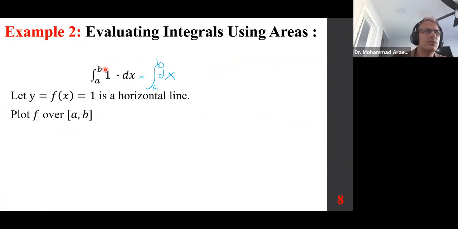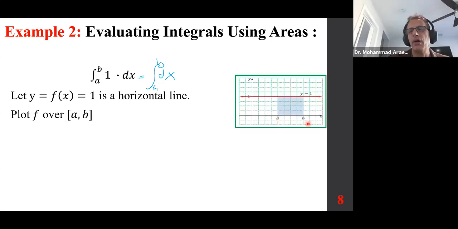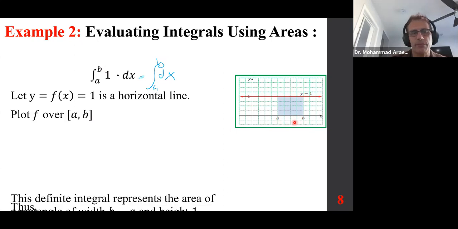Now, what is a, what is b? Could be any number. It doesn't matter. You can make both of them positive, both of them negative, one of them positive, one of them negative. It doesn't matter. Somewhere from a to b, clearly b is on the right of a according to the given interval. This represents the area under the curve of this rectangular shape as we go from a to b.